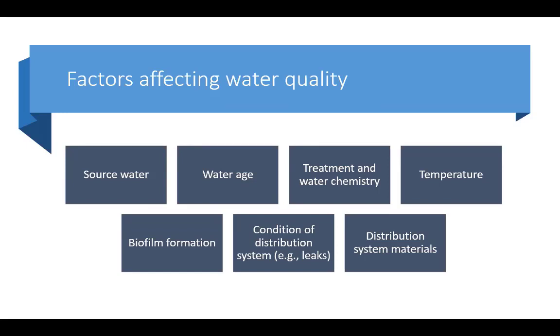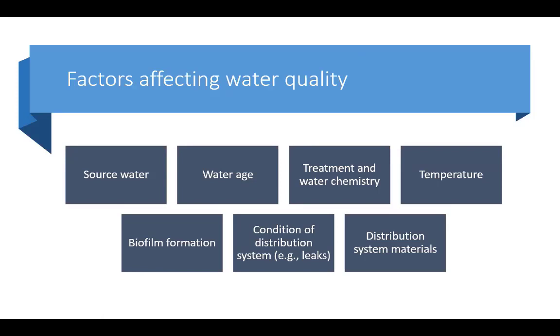High organic matter can result in high concentrations of disinfection byproducts. We'll talk a little bit more about those later. And they can also result in low concentrations of chlorine residuals. Water age can play a significant role, again, in water quality.